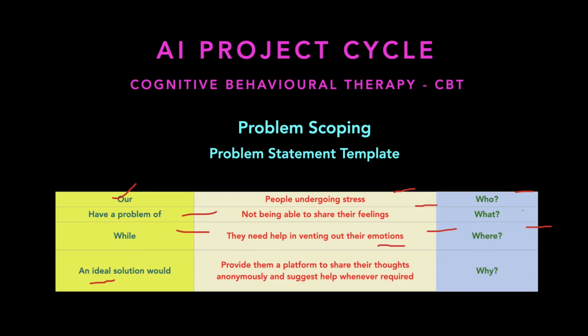So this is building a complete problem scoping story for us. I'll read this thing again. Our people undergoing stress who have a problem of not being able to share their feelings while they need help in venting out their emotions, an ideal situation would provide them a platform to share their thoughts anonymously and suggest help whenever required.